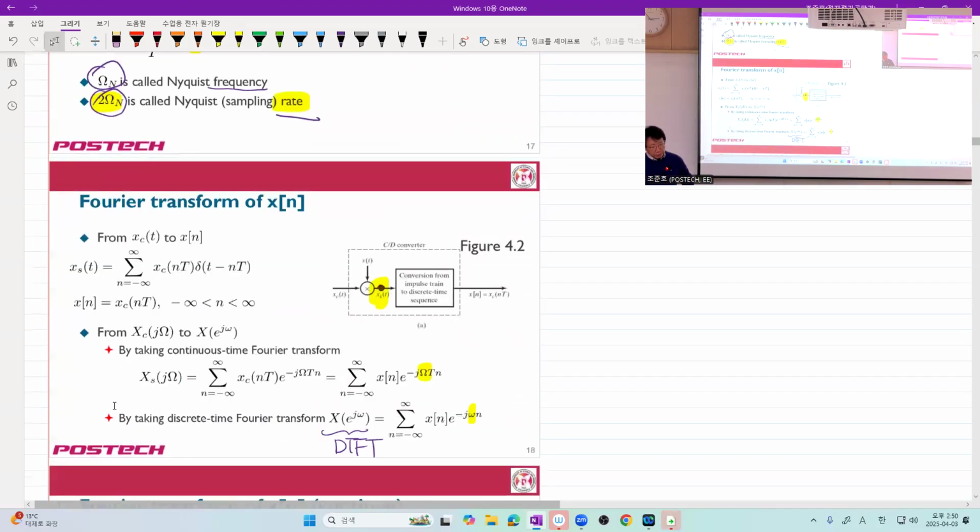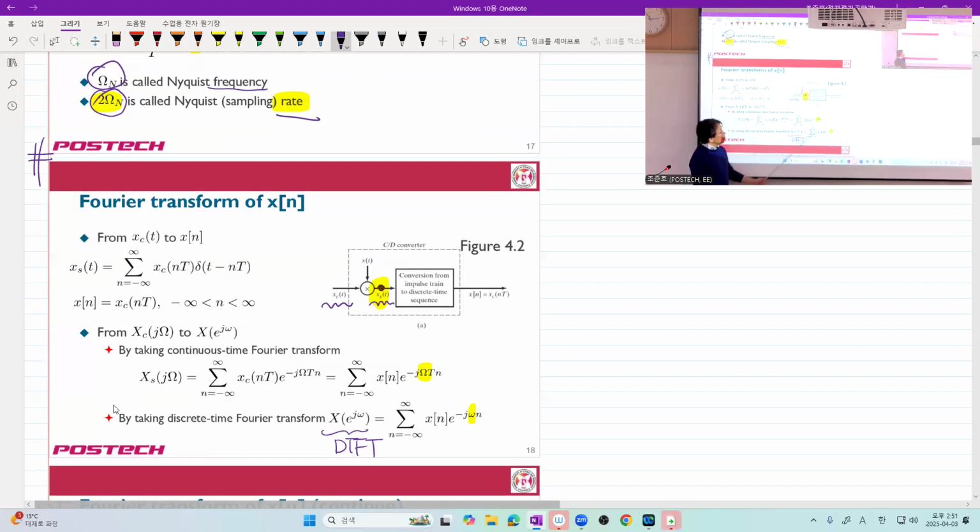Anyway, now here goes the final part, the last half of the first question and the second question. So far, in the first question, we studied the relation between the CT Fourier transforms of this signal and that signal. But we want to relate the DT Fourier transform of the output of the C2D converter with the input CTFT.